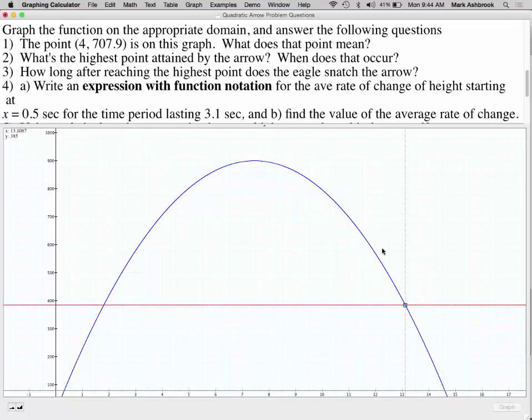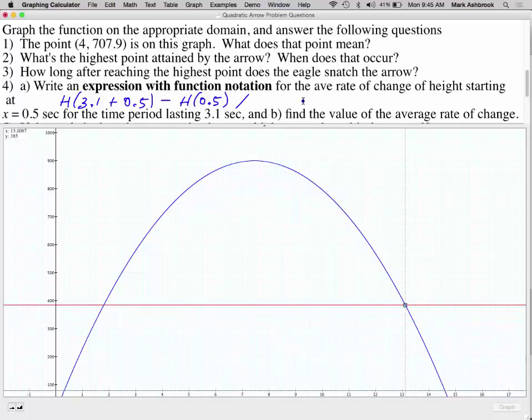Caroline, did you get this? Tell me. H of 3.1 plus 0.5. Okay, so just the general form of average rate of change is, you have output and input variables.